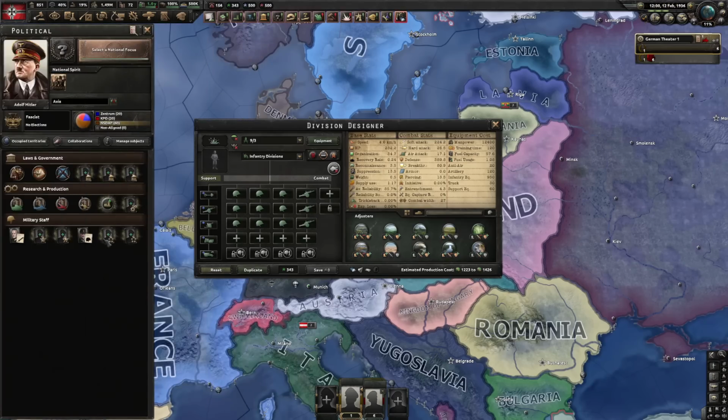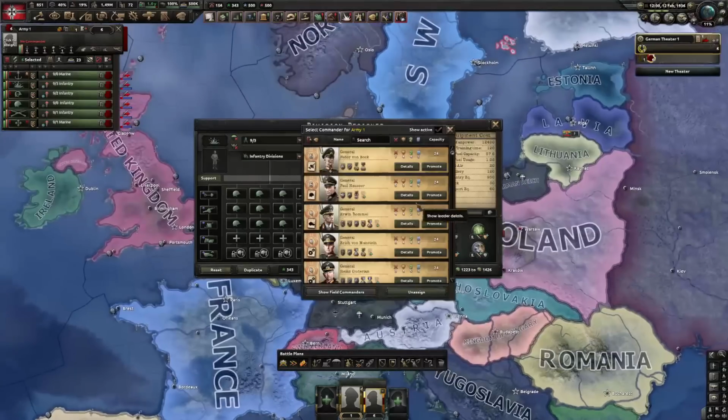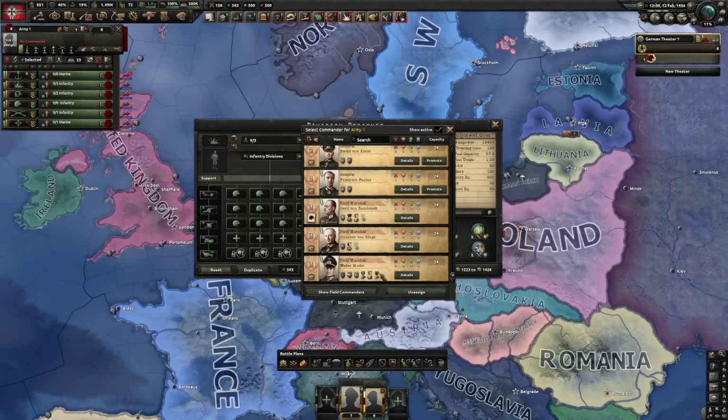This means that advisors, like the infantry advisor, the 10% attack and the 15% defense, you only get 75% of that bonus. Now you might think that that's a pretty small change, going from 10 to 7.5% is a pretty small change, but this effect here also counts for all generals and field marshals. This means that as well as the 2.5% attack here, you lose another 2.5% on the general and another 1.25% on the field marshal, since it's half.